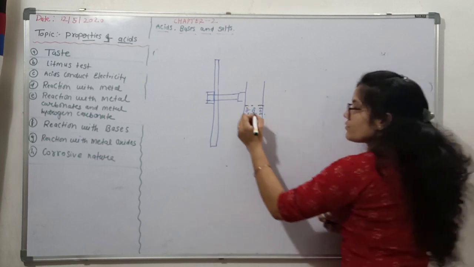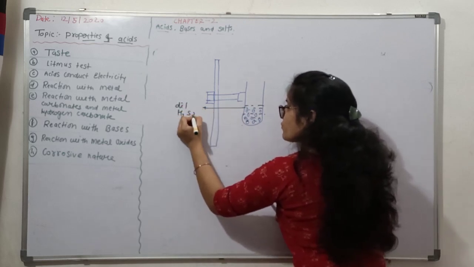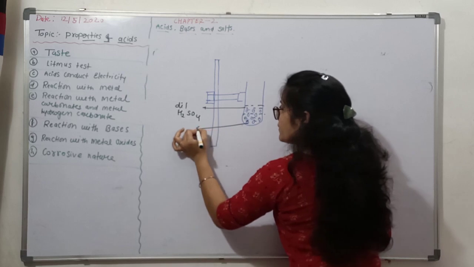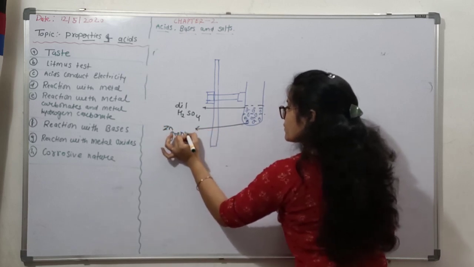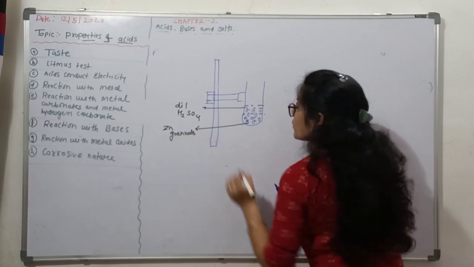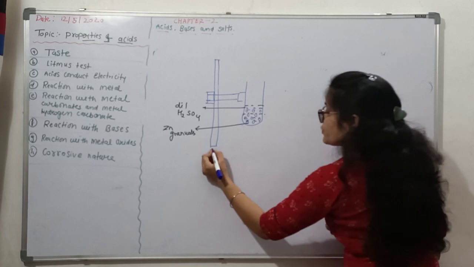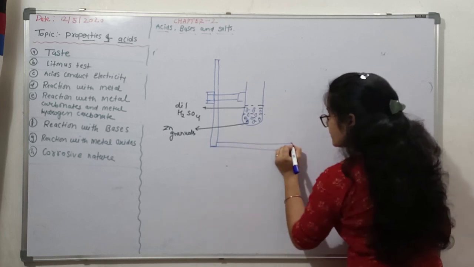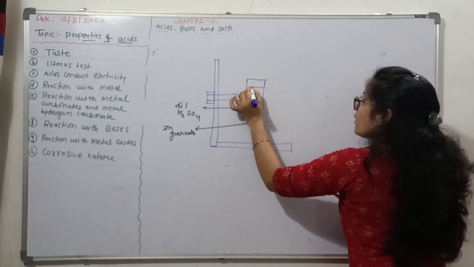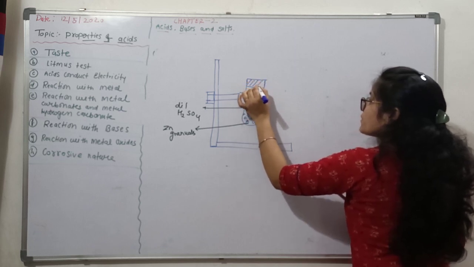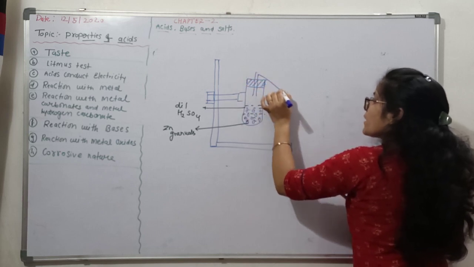So here we have dilute H2SO4 and these are zinc granules. Then this test tube is fitted with a rubber cork and a delivery tube.